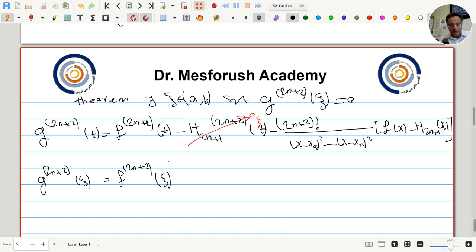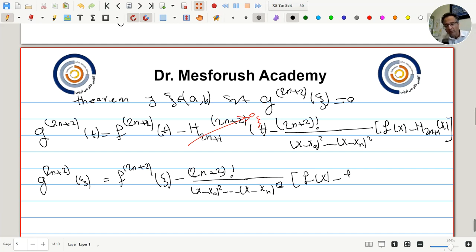So it remains minus (2n+2) factorial over (x minus x0) squared times (x minus xn) squared times f of x minus h_{2n+1} of x. And also we know that the left-hand side should be 0.